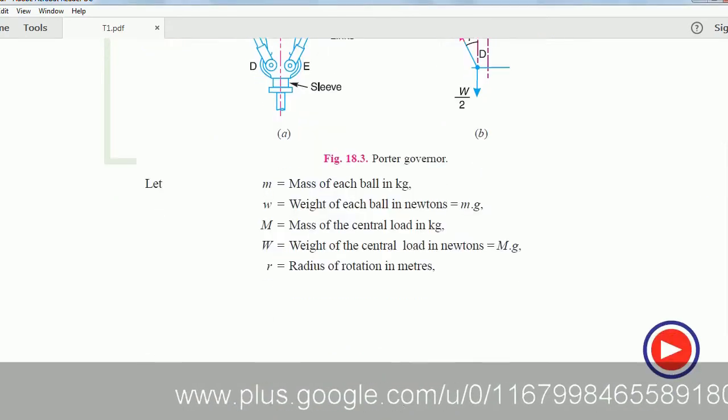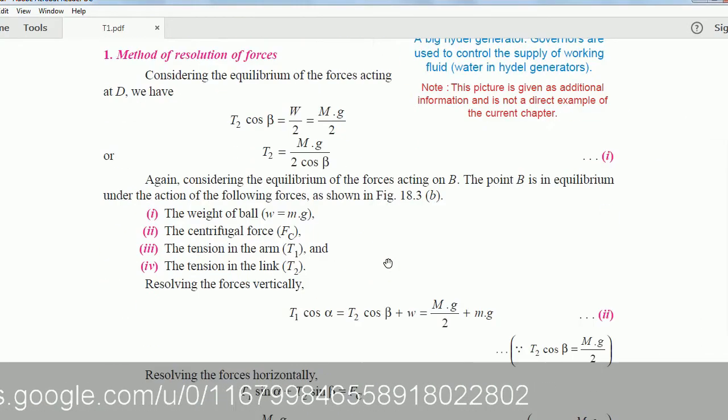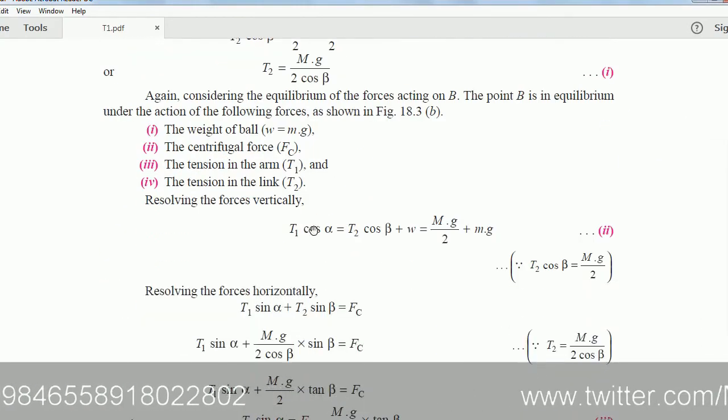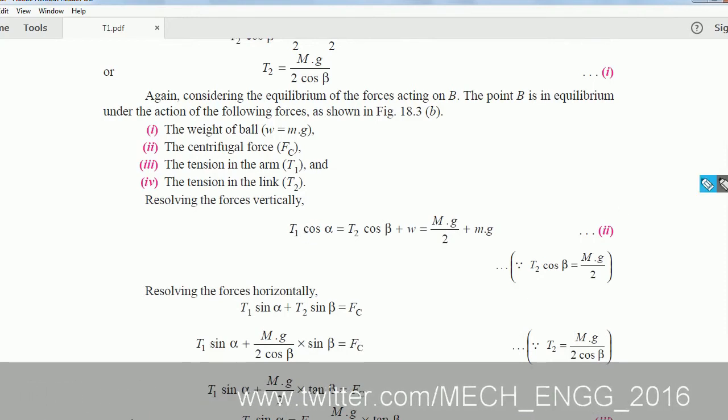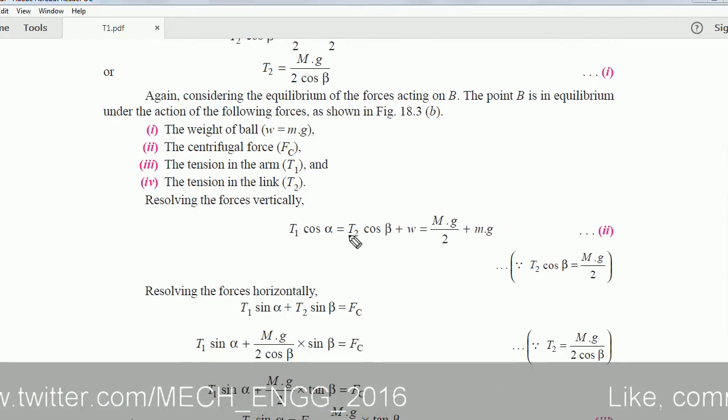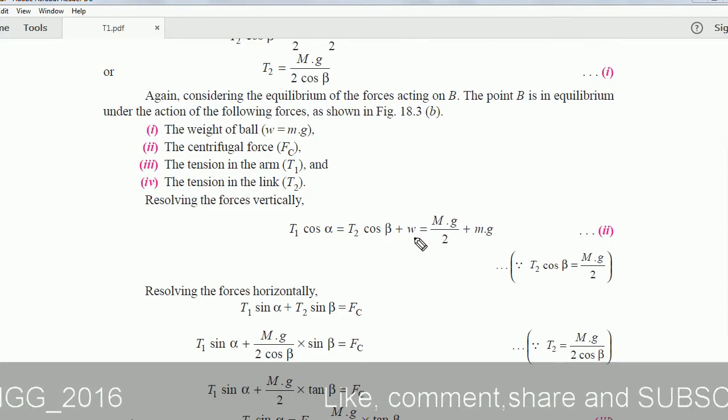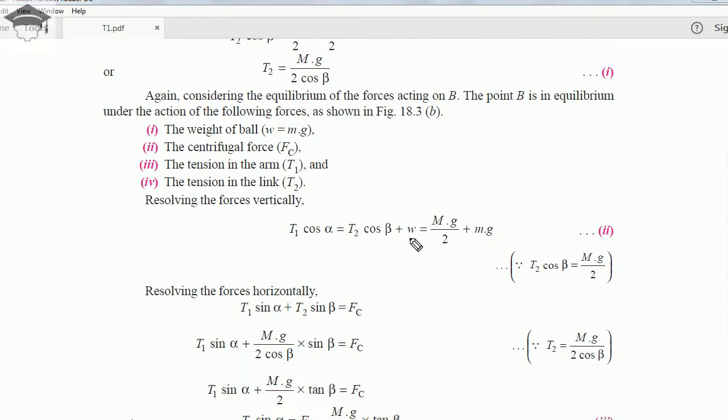Let me show you. Here you can see T1 cos alpha equal to T2 cos beta plus W, and we are substituting the value of W as small m into g, and the value of T2 we have found from here, Mg by 2 cos beta. So T2 cos beta will be Mg by 2.